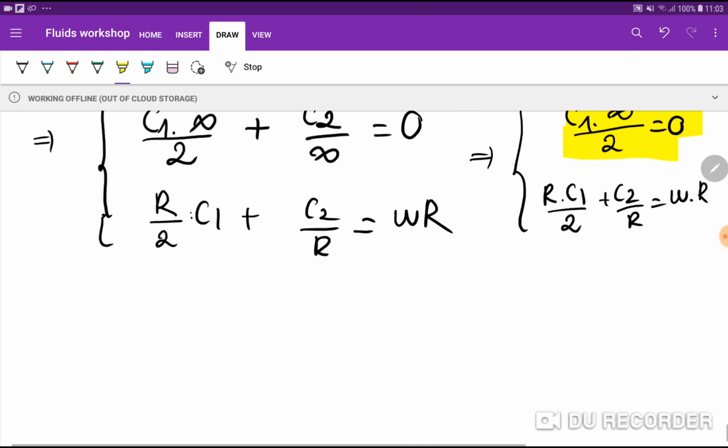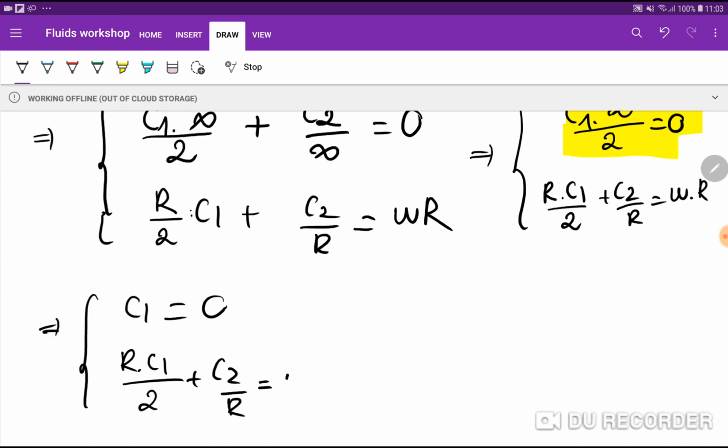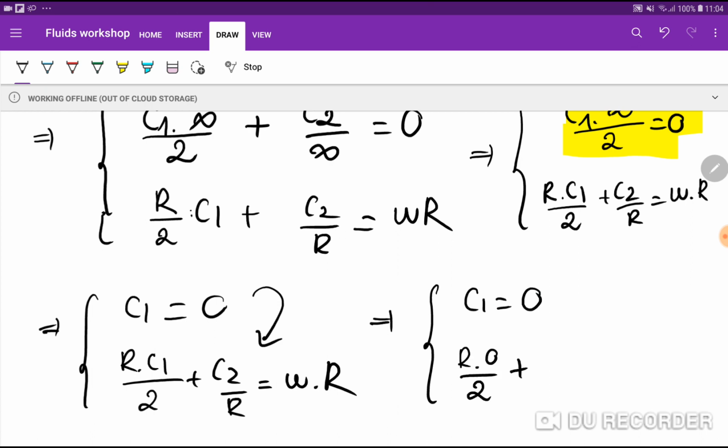So that 0 times infinity over 2 is 0. Okay, so it can be inferred that, let me switch color, c1 equals 0, and then you rewrite it r times c1 over 2 plus c2 over r equal omega times r. Okay, so now you can plug this in the previous equation, the below equation, to get c2. So c1 equals 0, r times 0 over 2 plus c2 over r equal omega times r.